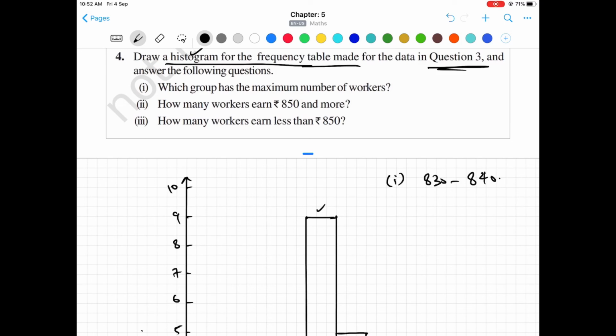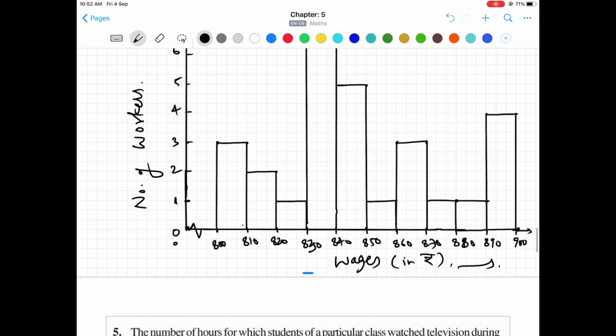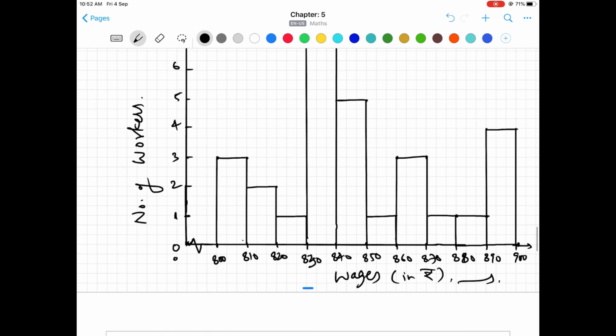Next is, how many workers earn 850 and more? That means the number of workers beyond this point. Okay, so let's count.